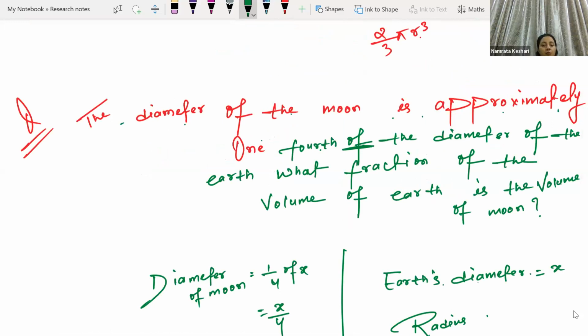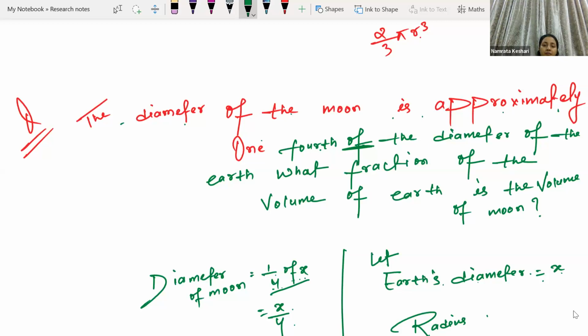That means the diameter of moon is dependent on the diameter of earth. That's why at first I am assuming that, let's say the diameter of earth is x, then only we will be able to say therefore diameter of moon will be 1/4 of x, that is x by 4. Getting it?